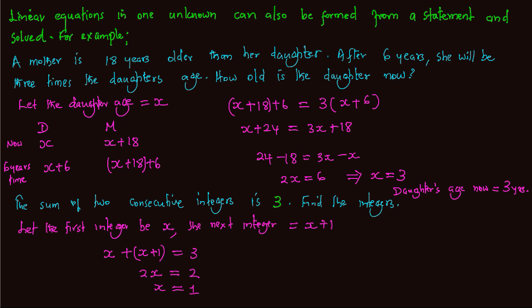So if the sum of two consecutive integers is 3, then the integers will be 1 and the next integer will be 1 plus 1, which is equal to 2. So the consecutive integers are 1 and 2.